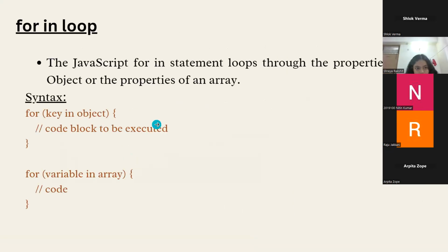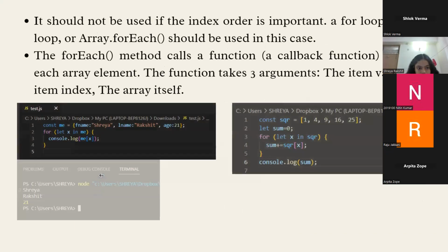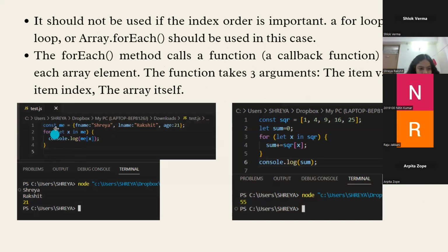The next loop is for in loop. In JavaScript, the for in statement loops through the properties of an object or the properties of an array. This is the syntax we'll be using for implementing this loop. So what does it mean by properties? Let's understand this with this example.